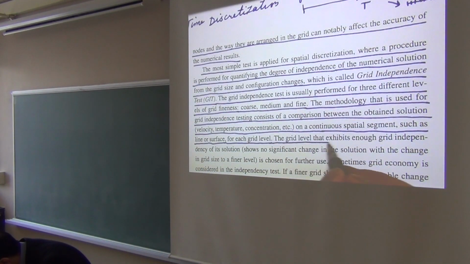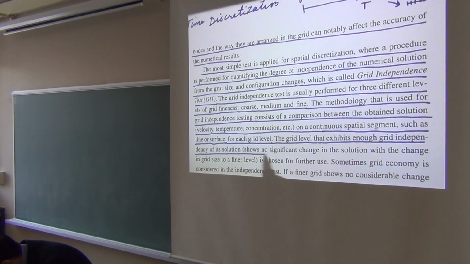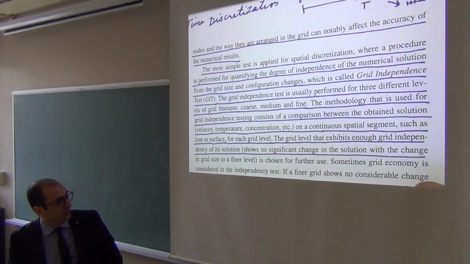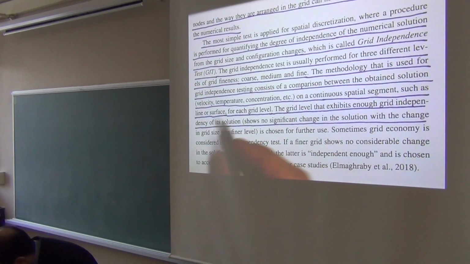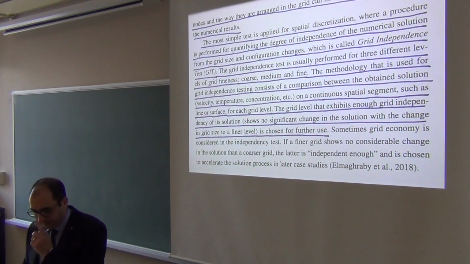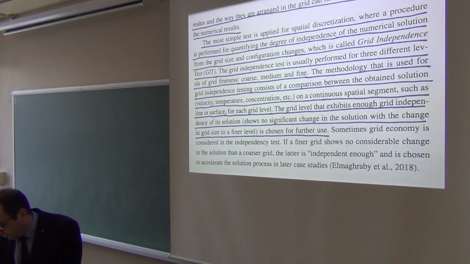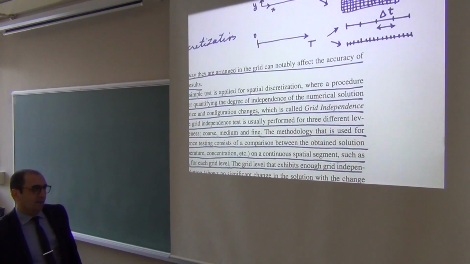The grid level that exhibits enough grid independency for a solution, that means does not show a significant change in the solution, is then considered to be a converged solution. So you just make 3 levels of discretization, run your solution, and then you get your answer.